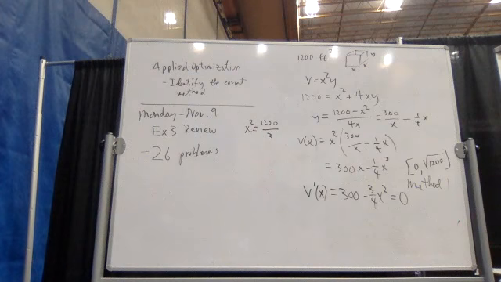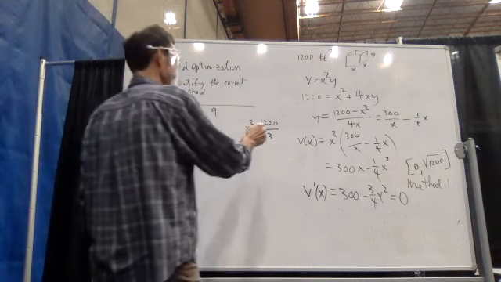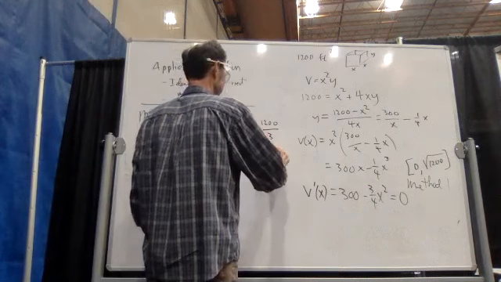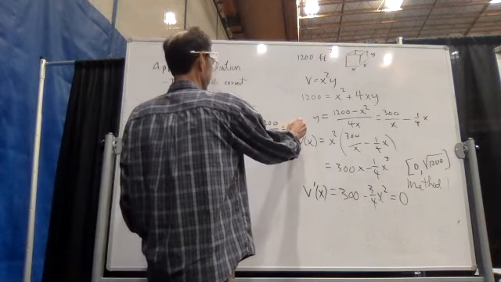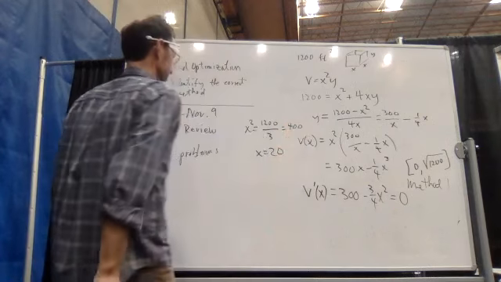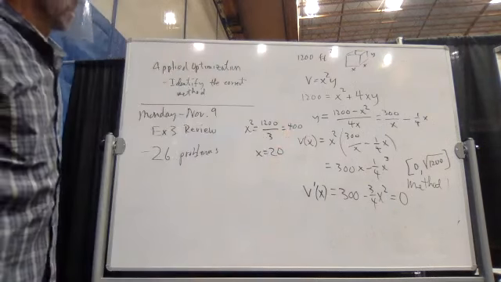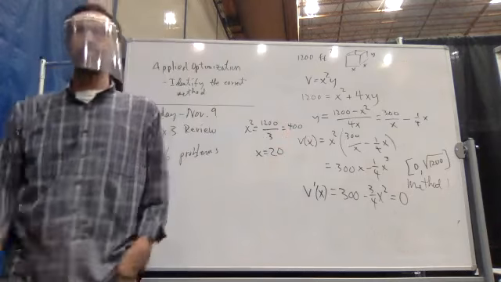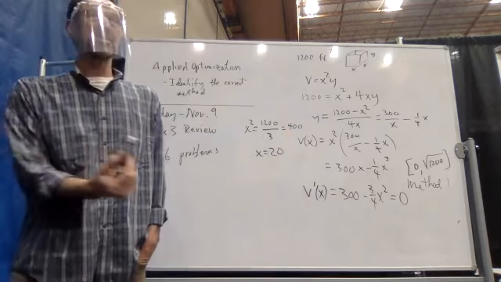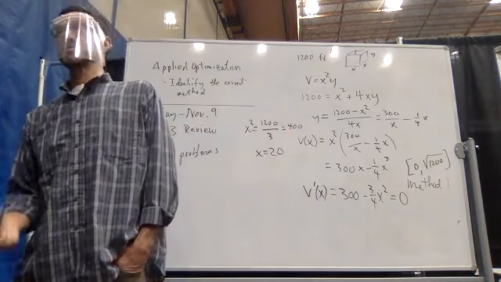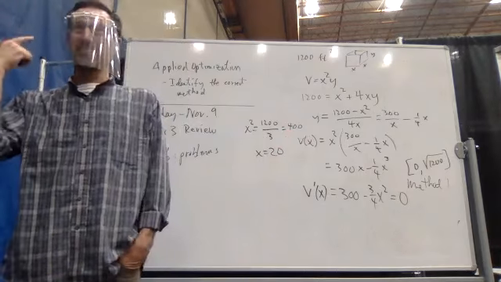Add the 3/4, multiply by 4, divide by 3. What's X? X squared is 400. Square root of 400 is 20. Is 20 between 0 and the square root of 1200? Absolutely. One critical point.